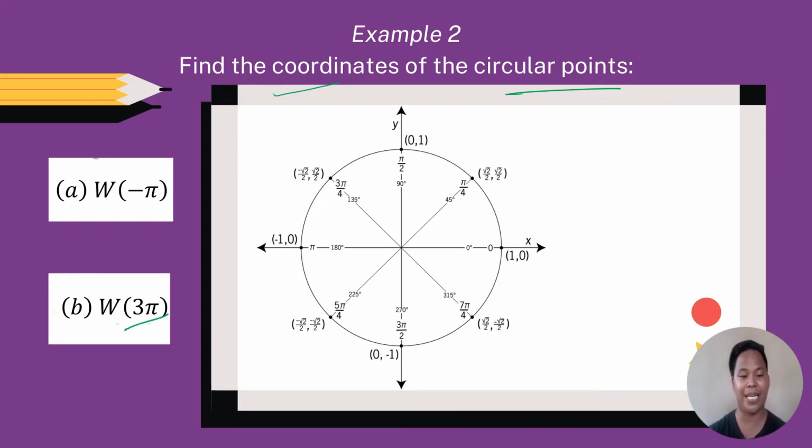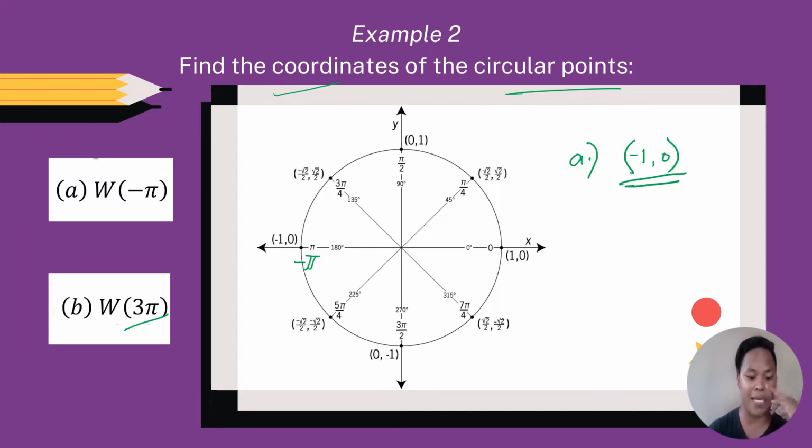Negative pi is wrapped clockwise since it is negative. And pi is equal to 1/2 of the circumference. Therefore, it is also here at positive pi. So its coordinates are (-1, 0).